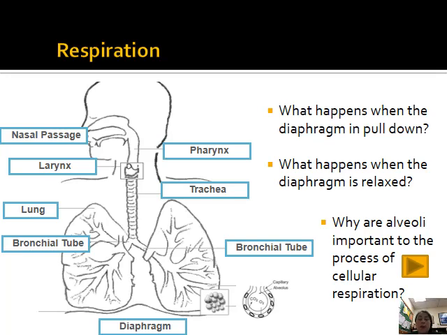Another important structure in the lungs is the alveoli. The alveoli are super important because you'll notice that each alveoli is in contact with our bloodstream, particularly allows access to our red blood cells.